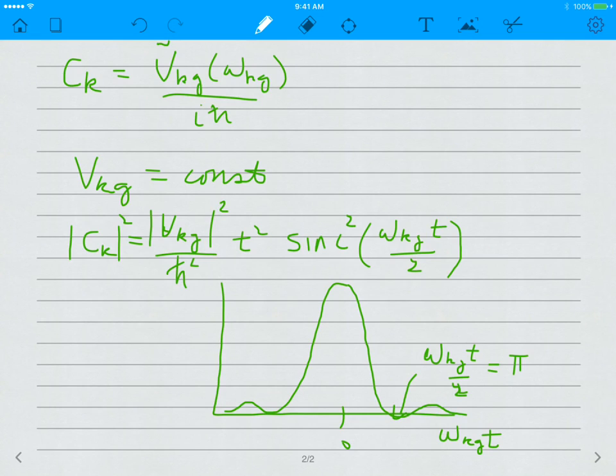If it's bigger than pi or so, there's just not going to be any probability of excitation. Basically, that's energy conservation. That's saying in order to change the energy of the atom or the system by an appreciable amount, we have to apply a very short interaction.